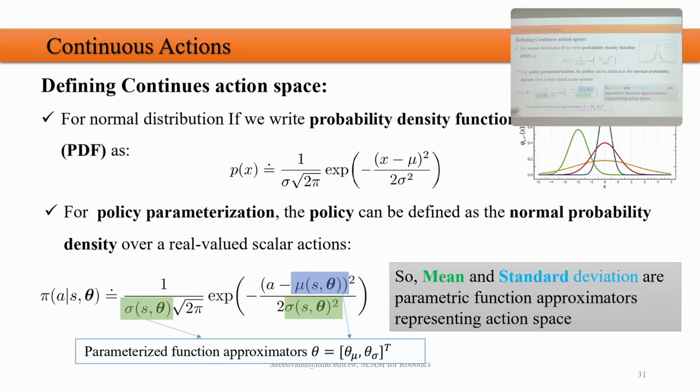I'm changing the probability and the covariance, how certain it is. The higher the certainty, the more likely it is a better action to do. So instead of learning the whole action space, I can just learn two parameters, where the mean is and how much the error is, and parameterize it in terms of the policy, action given by state and theta, in the form of a normal distribution, Gaussian distribution, and that solves my problem.